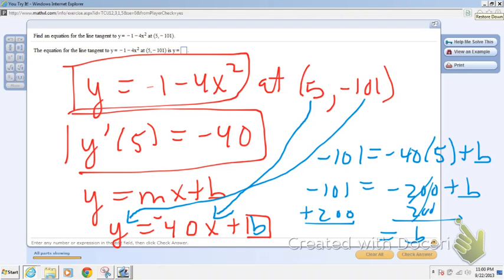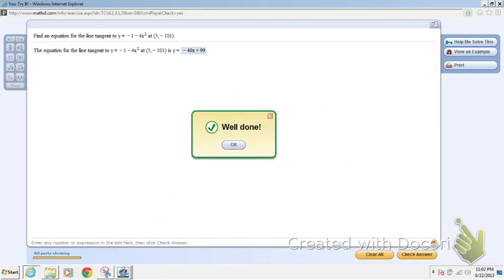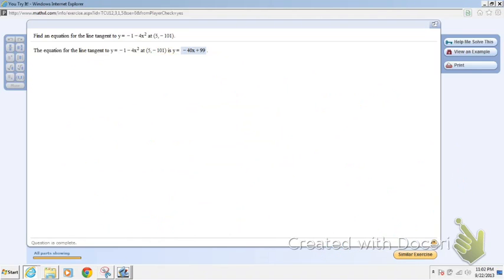So b equals -101 plus 200, which is 99. So now let's try and type that in. You can see here I typed in negative 40x plus 99, and we did okay. And then it says generate similar exercise, but we're good with that.